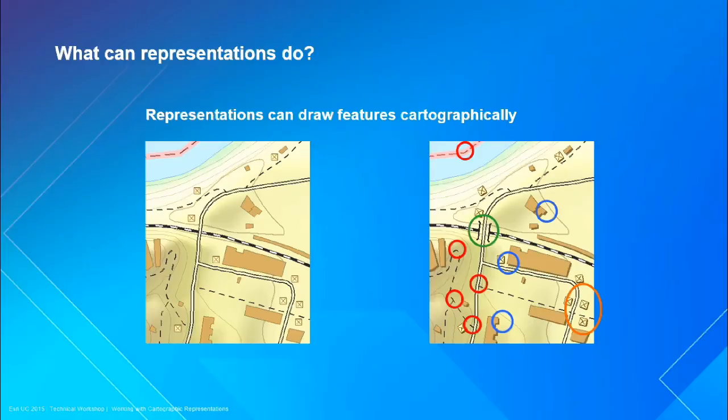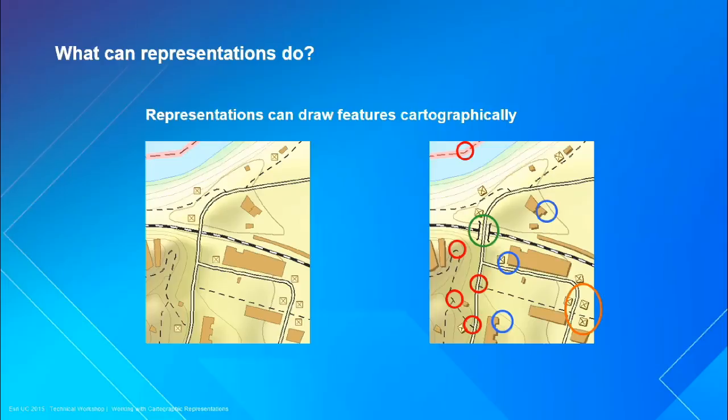Representations include something called effects, and those are different aspects that you can add to the symbol. We'll see a number of examples of that, but one of them is shown in the blue circles, which is a way to mimic a drop shadow appearance. So we're working on a 2D map. These are not extruded buildings. We're just getting an artistic drop shadow look with an effect here.